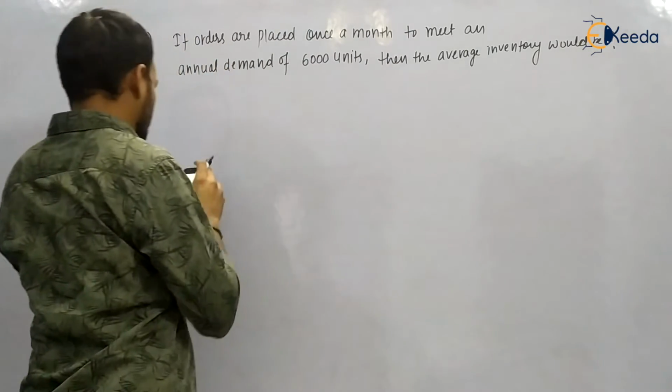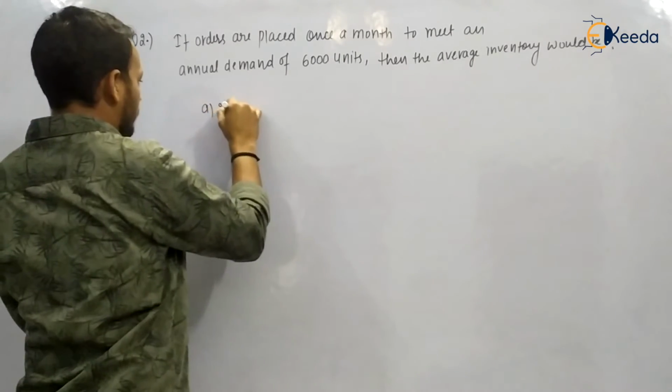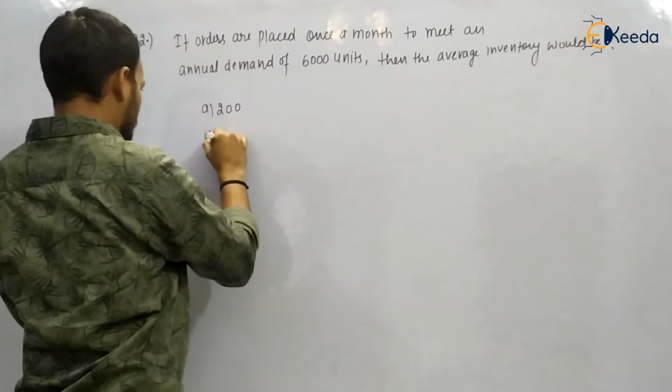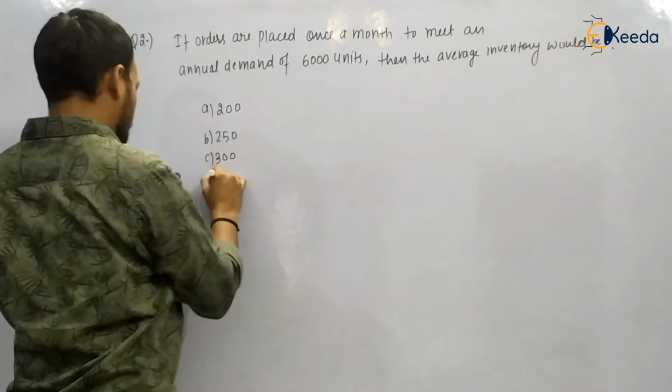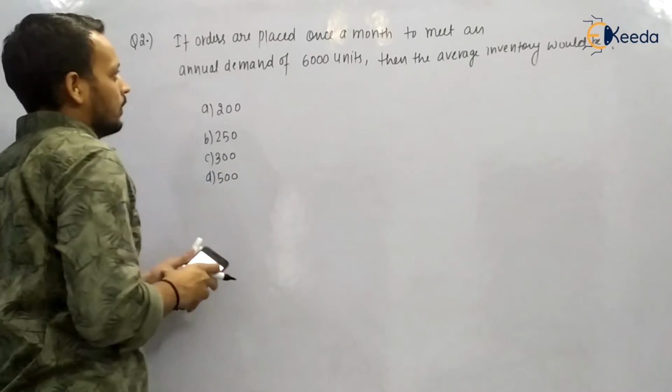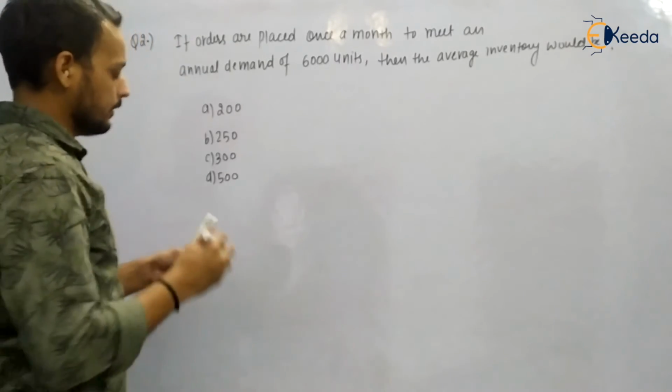Option A is 200, option B is 250, option C is 300, and option D is 500.